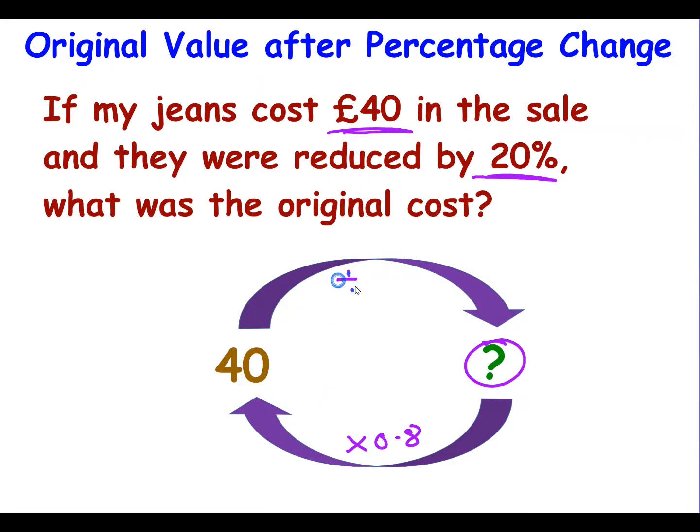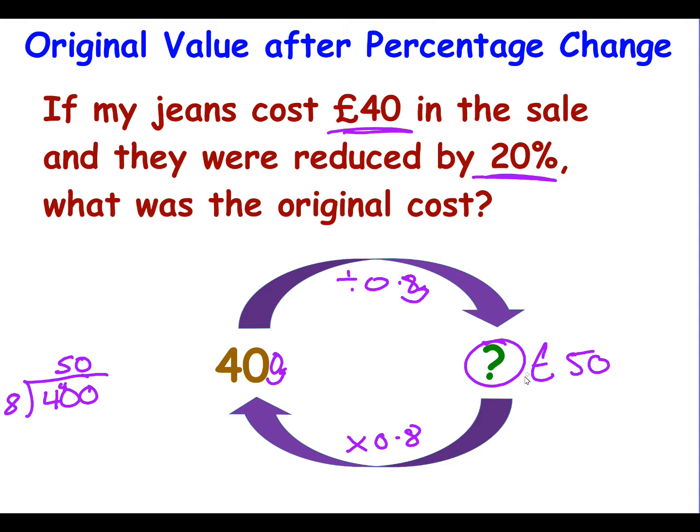We have to divide it by 0.8. So if you can't remember how to do this manually, we have 40 and we want to divide it by 0.8, so we make that 8 by multiplying it by 10, and if we multiply this by 10, we multiply this by 10 to make it 400. So 8 goes into 400 50 times. So the original amount was £50.